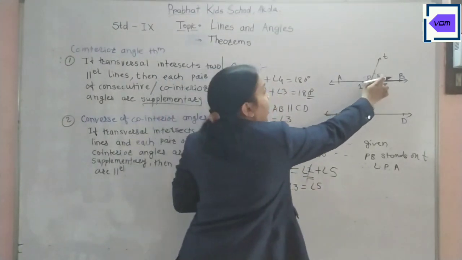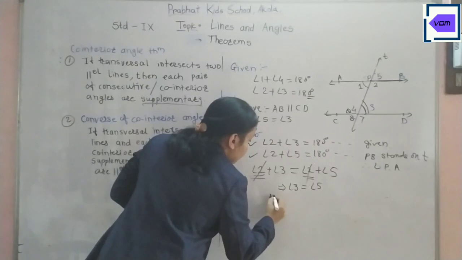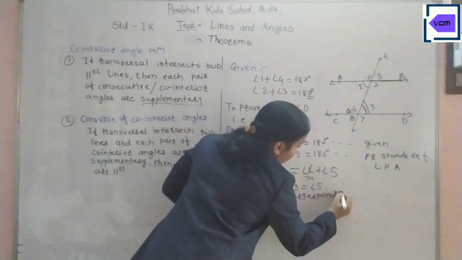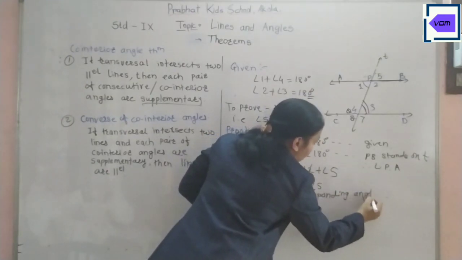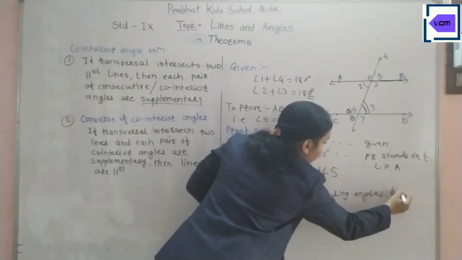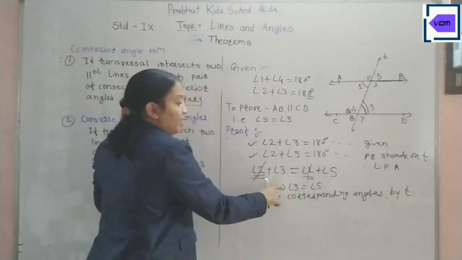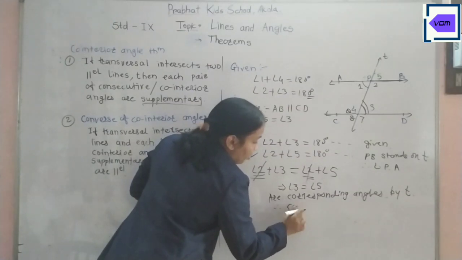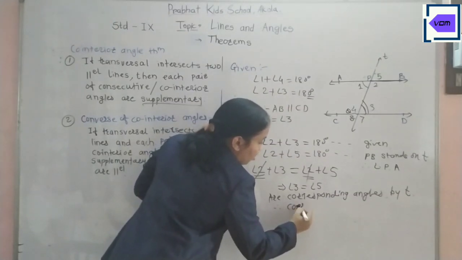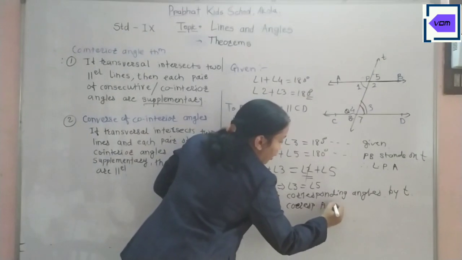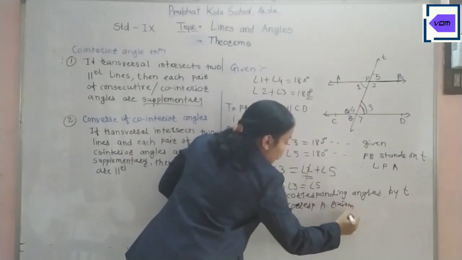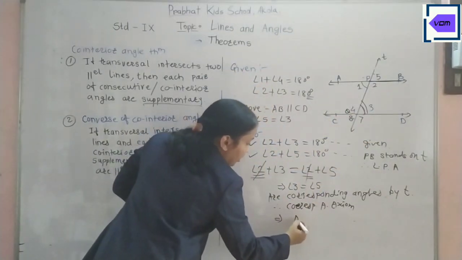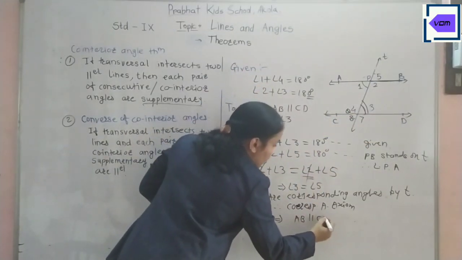And angles 3 and 5 are nothing but corresponding angles by transversal T. As the corresponding angles are equal, by the corresponding angle axiom, line AB is parallel to CD.